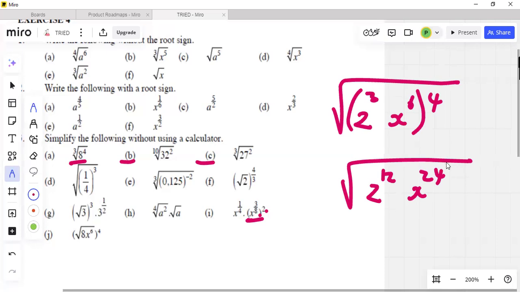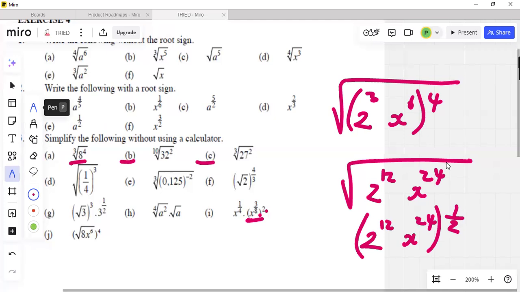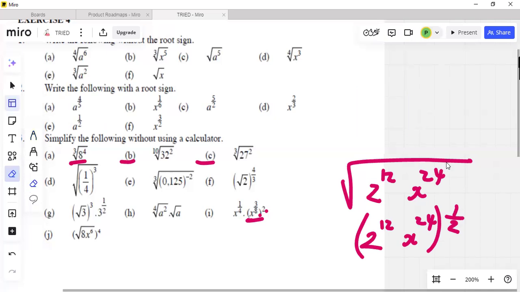Then from there, the square root, remember, is the denominator of 2 another way. I'm trying to show all the steps that we can follow. 1 over 2 is the same thing, so it's not that much necessary. What is important mostly is to know that the denominator becomes the root side. We end up having 2 exponent of 12 over 2 times x exponent of 24 over 2, right?